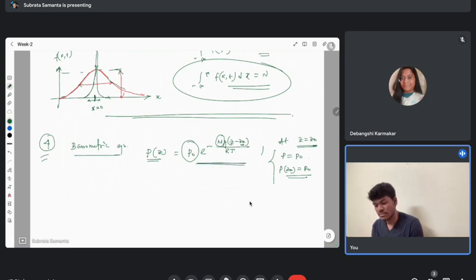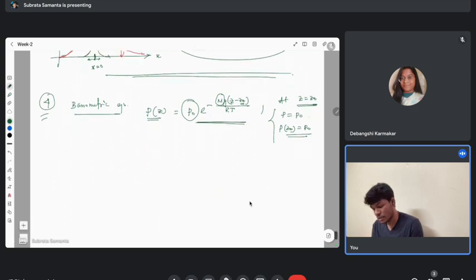We derived this formula in the class, so we use this formula.